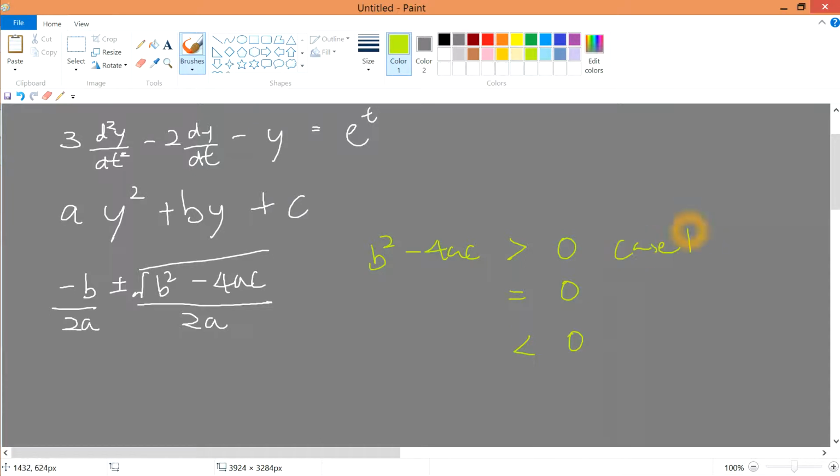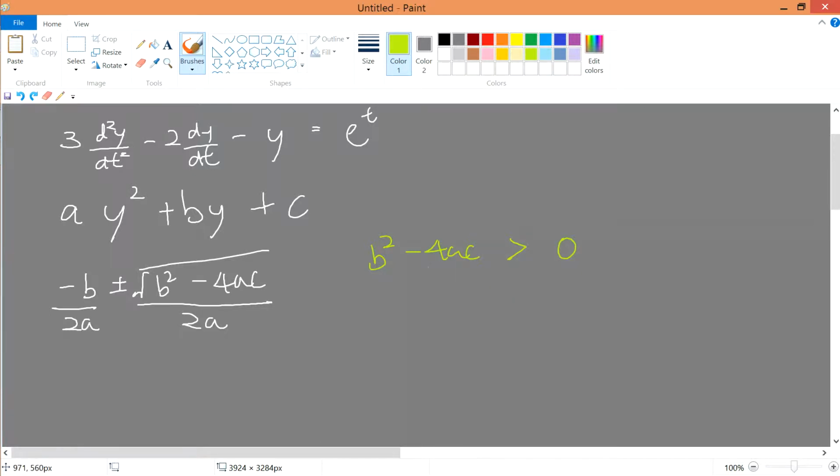Therefore this is case 1, this is case 2, this is case 3. If it is larger than 0, it is overdamped. If it equals 0, it is critically damped. And if it is less than 0, it is underdamped. I'll not go into what overdamped, underdamped, or critically damped mean, because I assume that you already know.